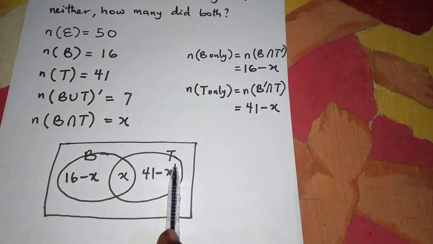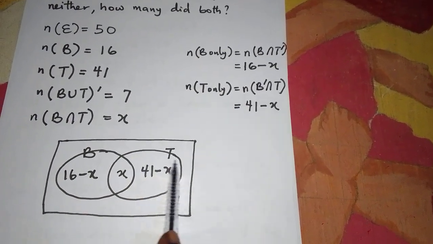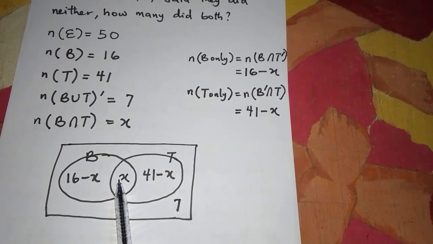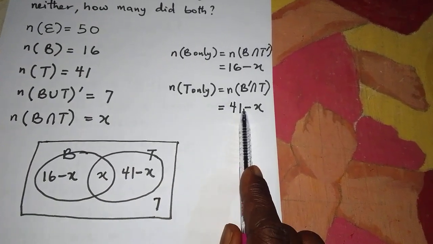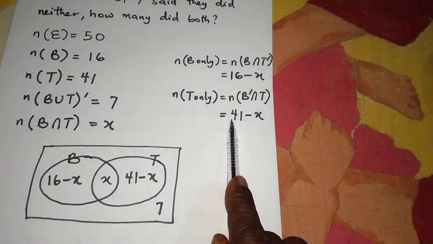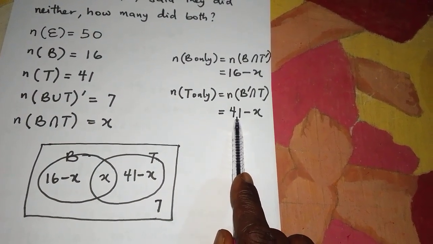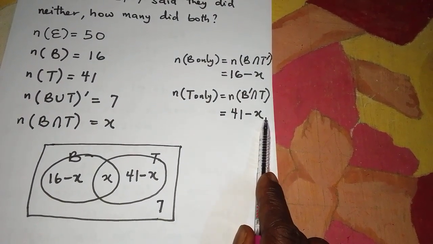Then those that watch television only. So we will also remove those that read their book out of it. So they should be what? 41 minus X. That is for those that watched television only.